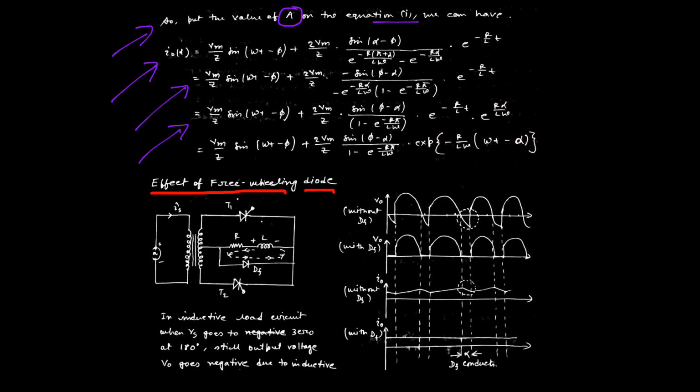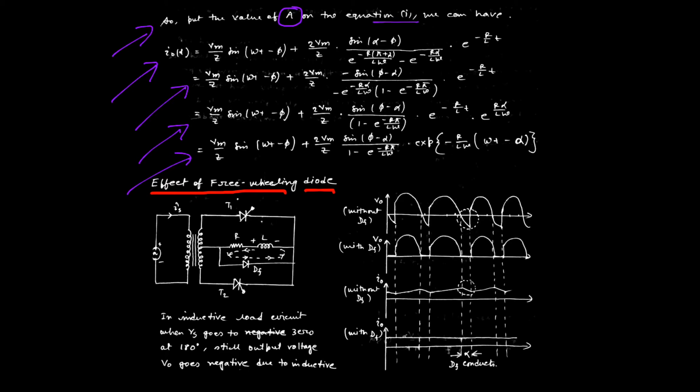So ultimately we can rewrite the expression: Vm by Z sine(omega t minus alpha) plus 2Vm by Z sine alpha sine(phi minus alpha), with the denominator 1 minus e to the power minus R pi by L omega, and exp of minus R by L omega into (omega t minus alpha).